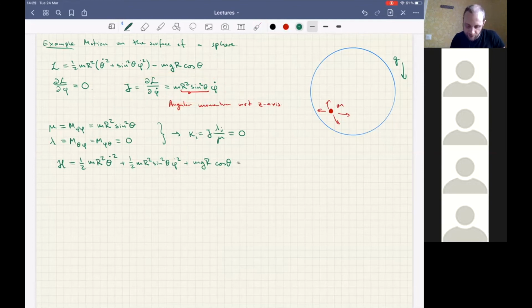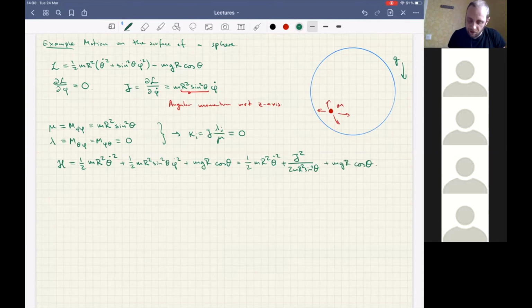When I make the replacement, what I end up with is 1/2 m r squared theta dot squared plus J squared divided by 2 m r squared sine squared theta, and then plus m g r cosine theta.